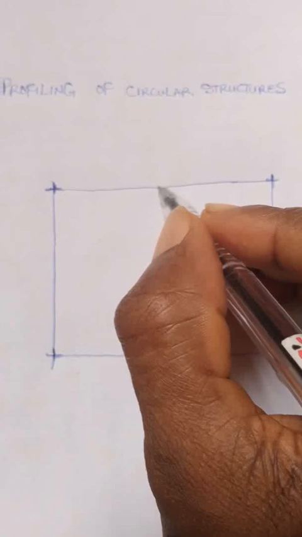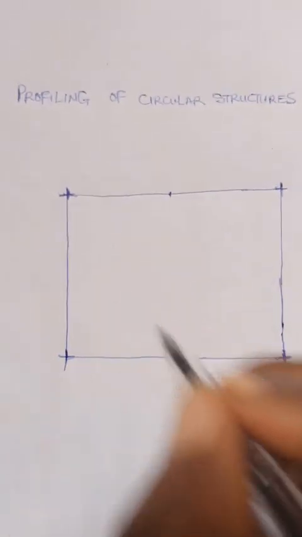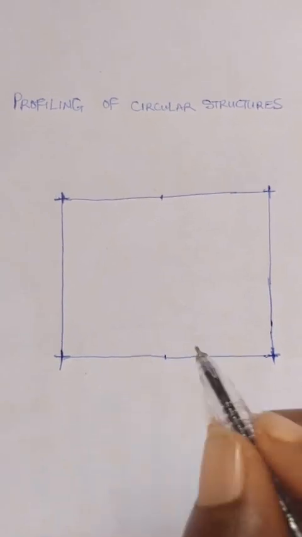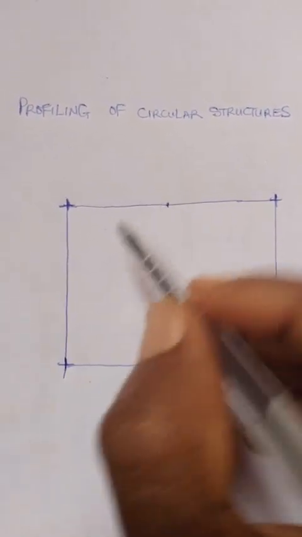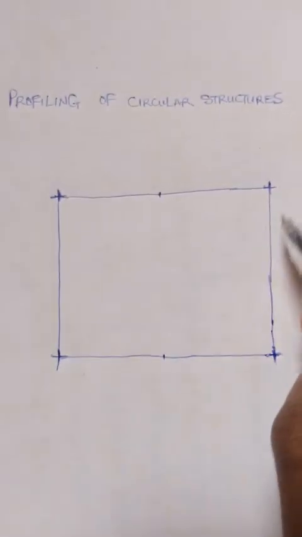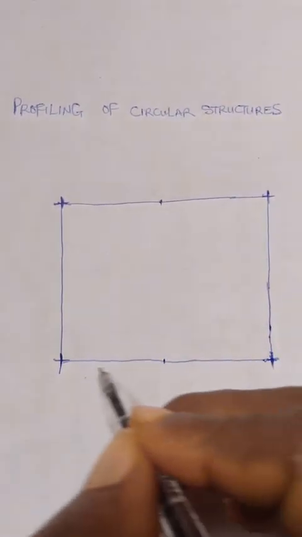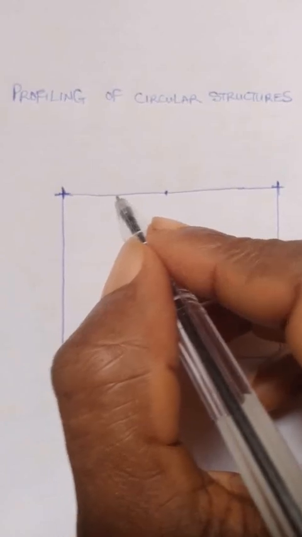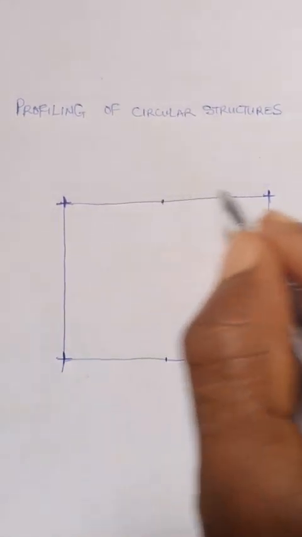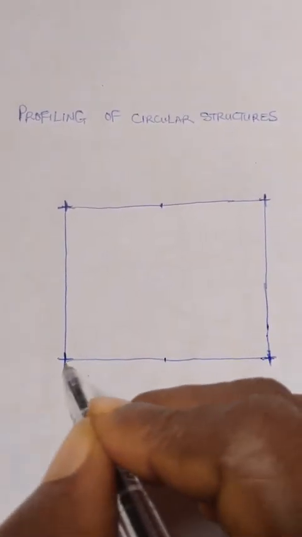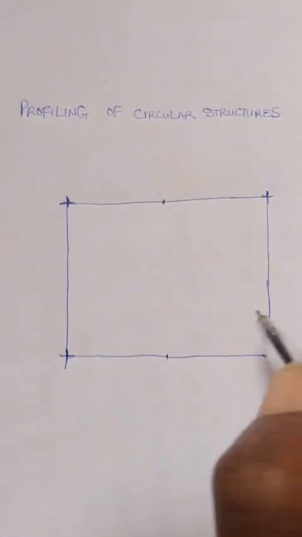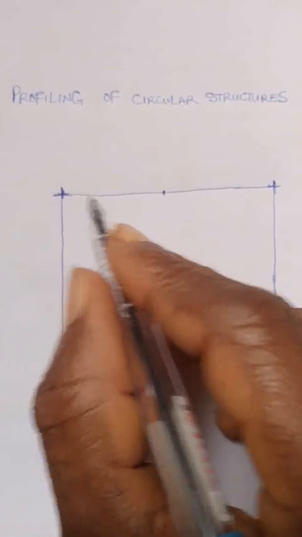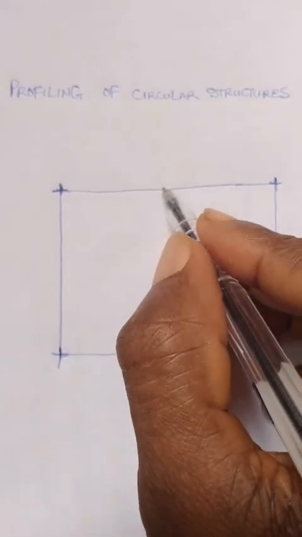Let's say this is the center point, this way too. But before you divide this, you must have run your profile board along this axis. You run your profile, you introduce your pegs and you run your profile board around this perimeter. Once you have done that, on your profile board you divide this.